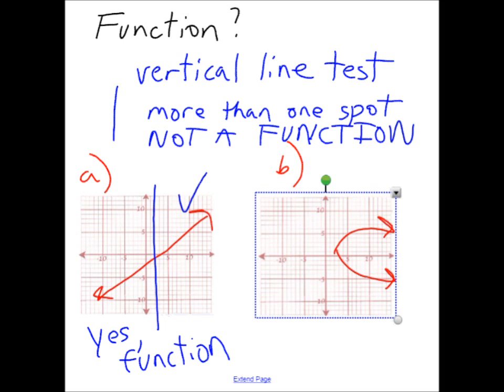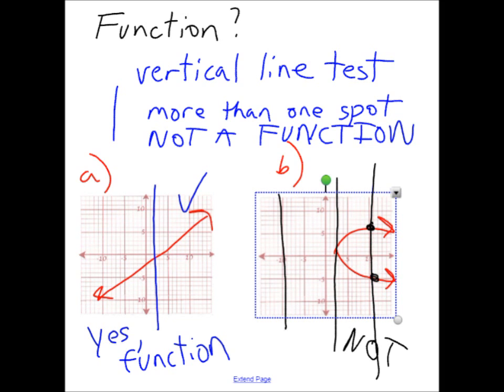For B, as you can see, it's not going to be a function because if I draw my vertical line here, I'm okay. If I draw it on the end, it only hits it in one spot. But if I draw it right here, it hits it in 2 places. Therefore, it's not a function. And this actually works because along this line is one x value, but each of these points would be 2 different y values.